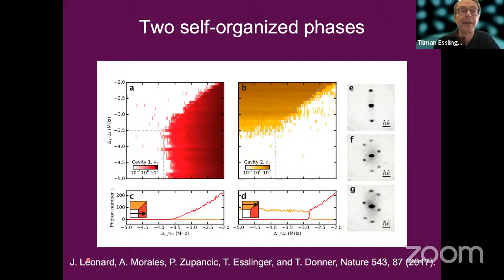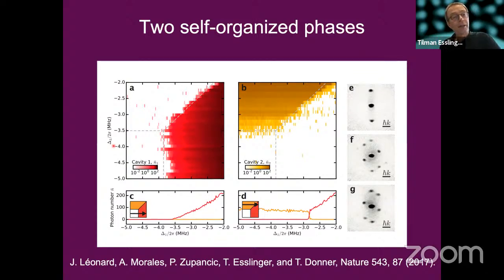at the data. What you see here are phase diagrams, which are arranged in the following way. You have the cavity detuning of cavity 1 as the x-axis, and the y-axis is the cavity detuning of the second cavity. And why the cavity detunings? If I change the cavity detuning, I can change the atom-light coupling.